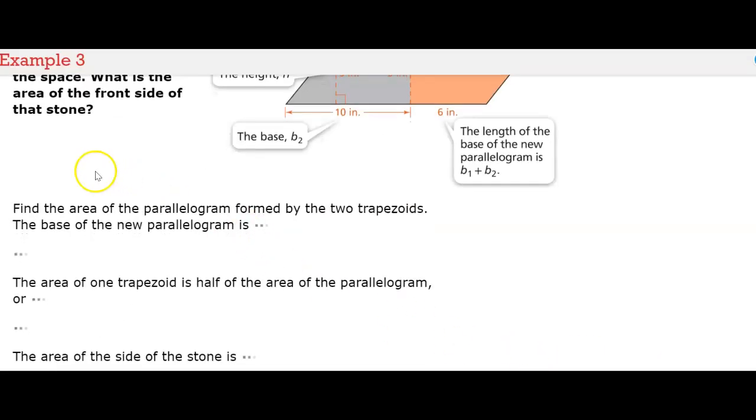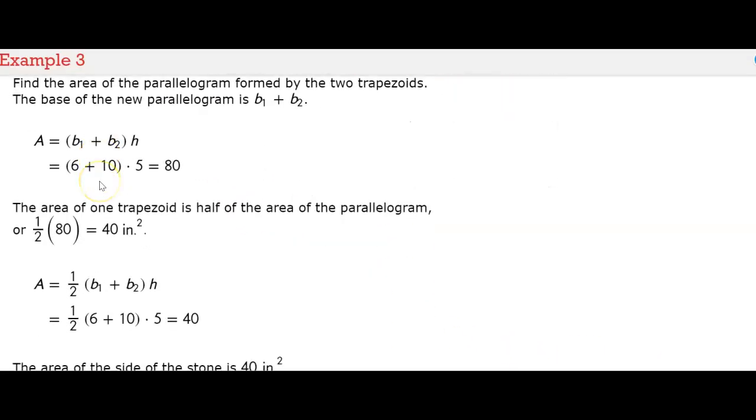And then we take the formula for parallelogram, and we have area is equal to base 1 plus base 2 times the height. So remember, I've mentioned before that when you have a parentheses and a variable or number right next to each other without a multiplication symbol, it still means to multiply.